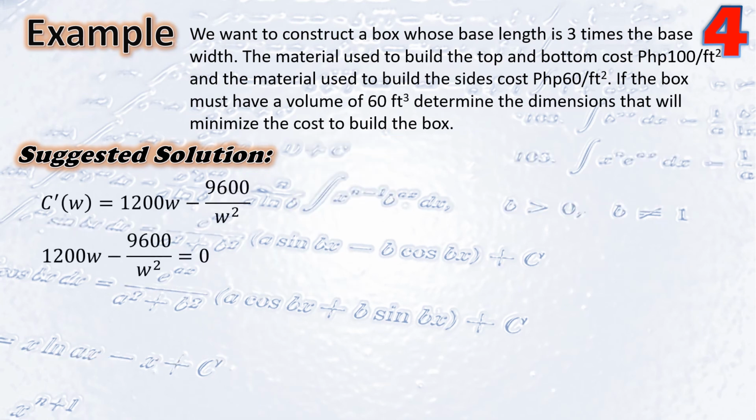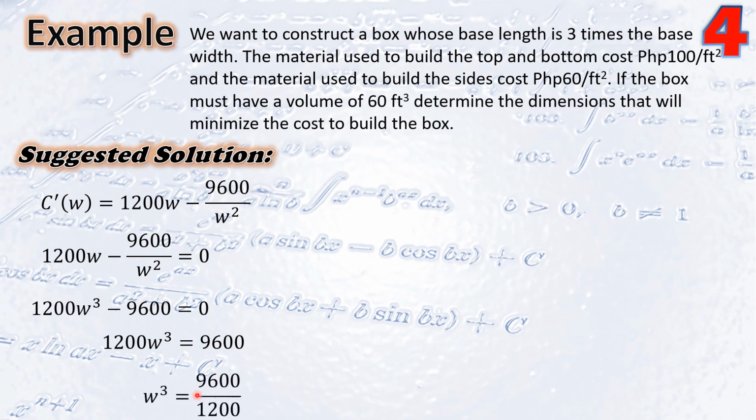Then we have 1200 W minus 9600 over W squared is equal to 0. Multiplying all terms of the equation by W squared, we have 1200 W cubed minus 9600 is equal to 0. 1200 W cubed is equal to 9600. Then W cubed is equal to 9600 over 1200, and then we get W is equal to 2.